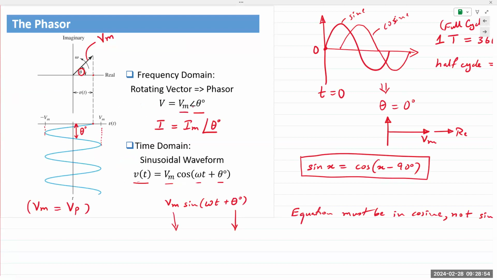The projection of this vector on the real axis and on the imaginary axis gives you the rectangular coordinates, A and B. So Vm phase angle theta would be A plus or minus jB, where j represents the imaginary number i, because i is used for current in EE. So rectangular coordinates, it is A plus or minus jB. j is the imaginary number in electrical engineering.